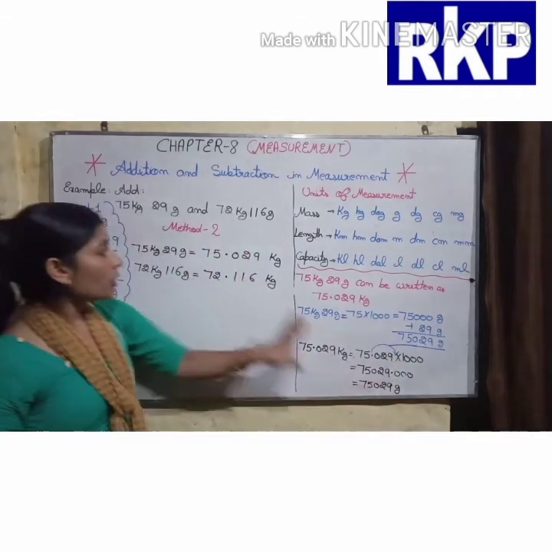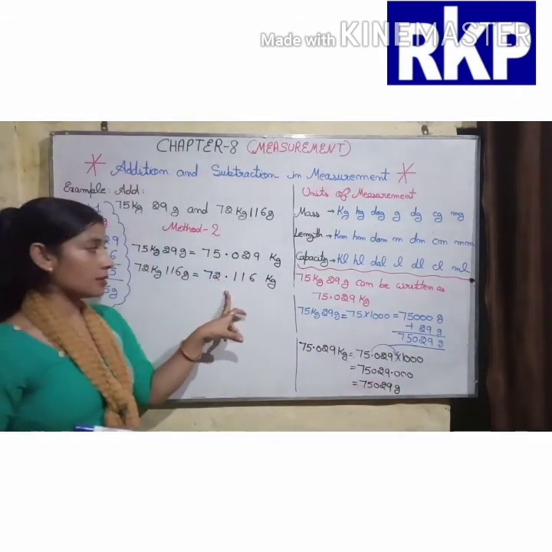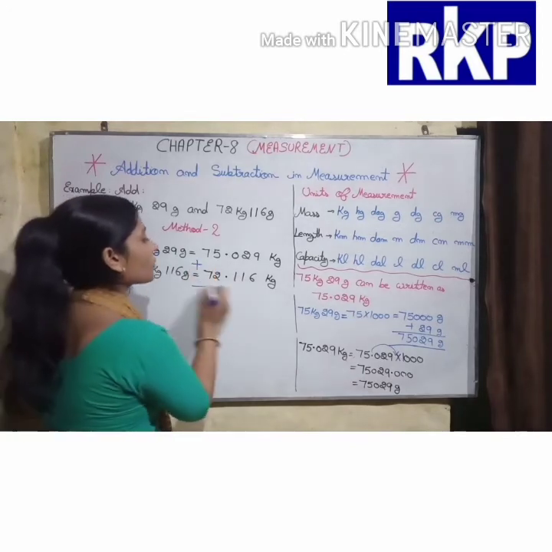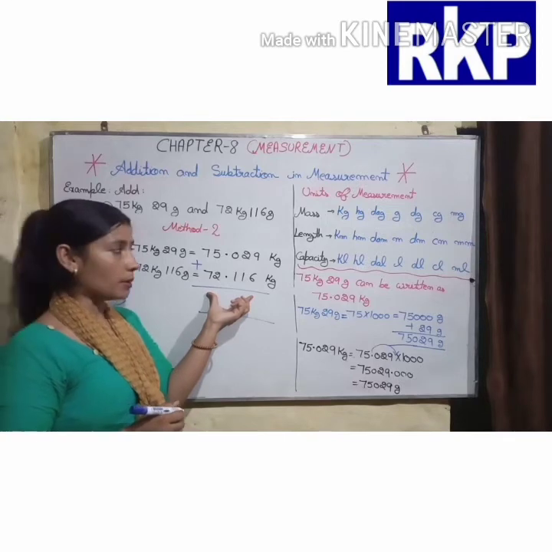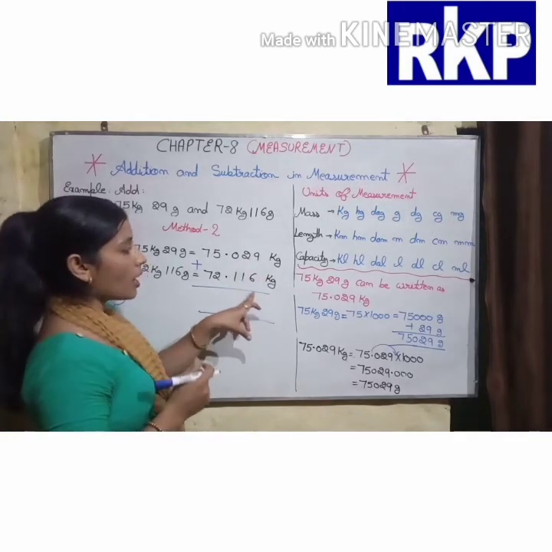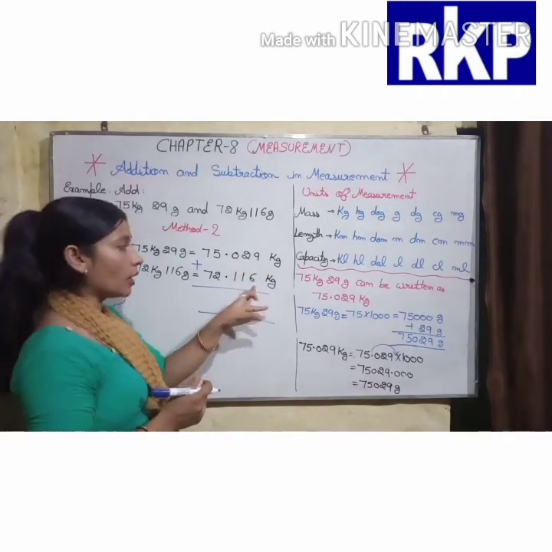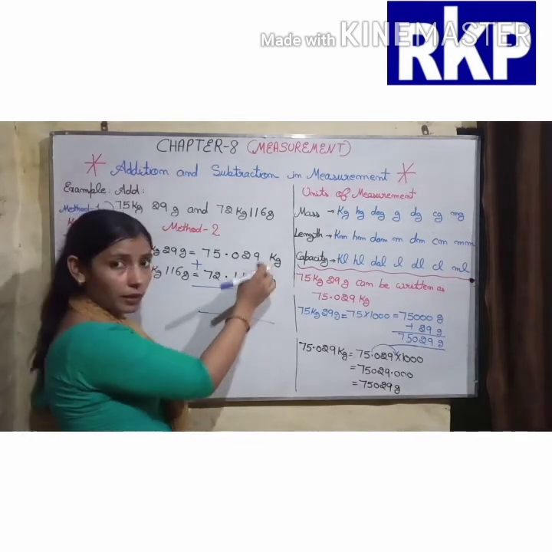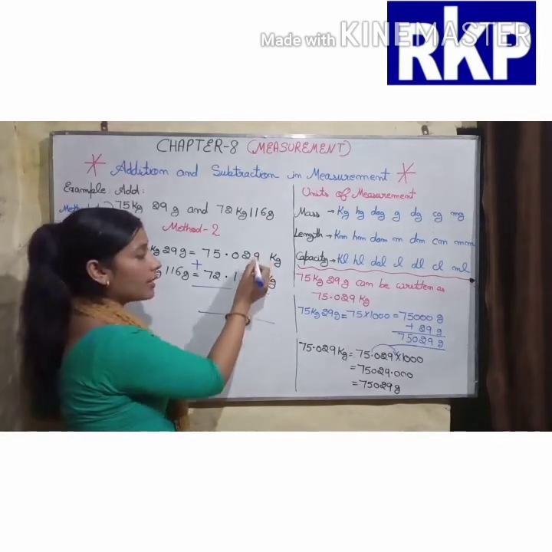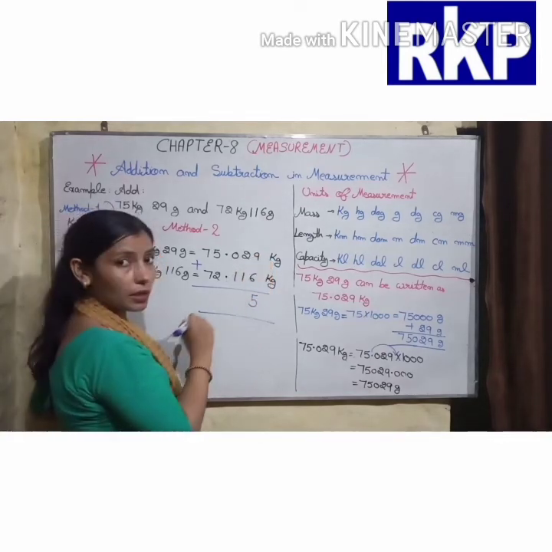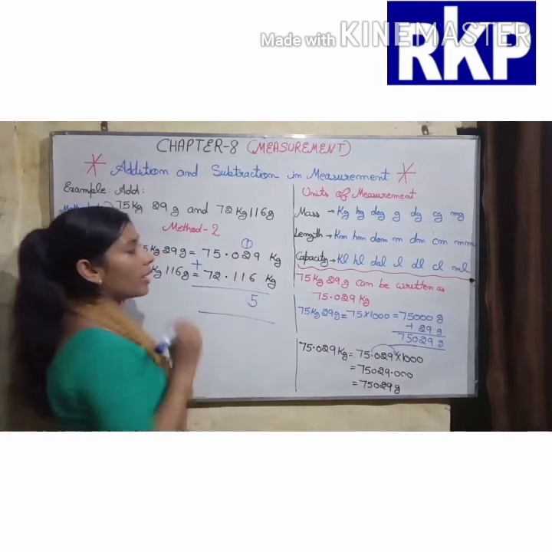Okay, now we need to add this and this. We have to add these like decimal numbers. We have to start from the right side. We always start adding from the right side. First of all we add 9 and 6. When we add 9 and 6, we get 15 and 1 will be carry.